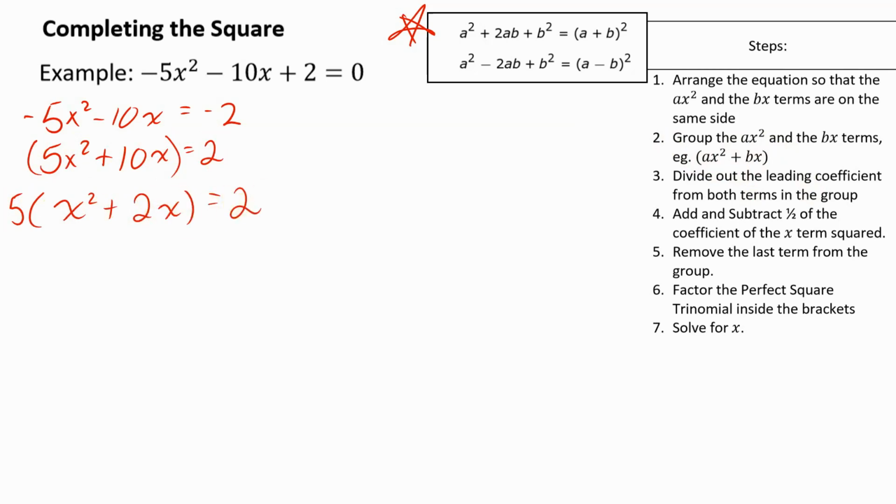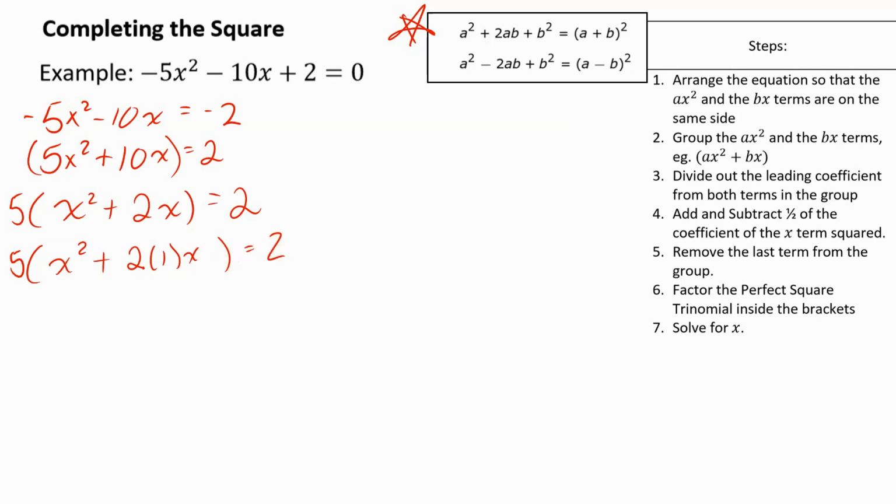Perfect. This is the tricky part. We want to add and subtract half of the coefficient of the x term and square it. And what we mean by that is, if you notice here that 2ab, well, here this is the same as x plus 2 times 1x.